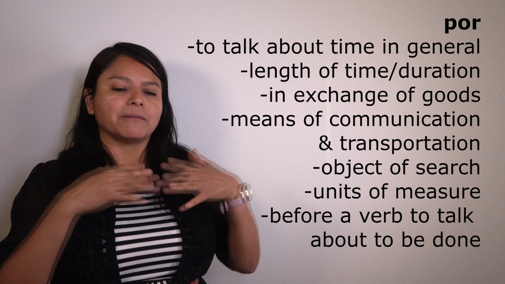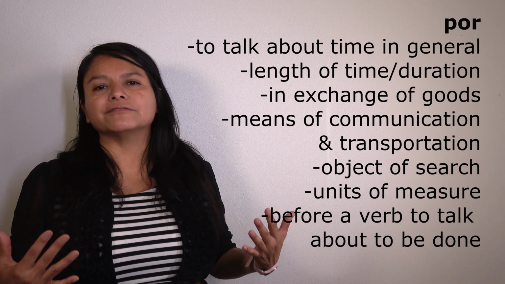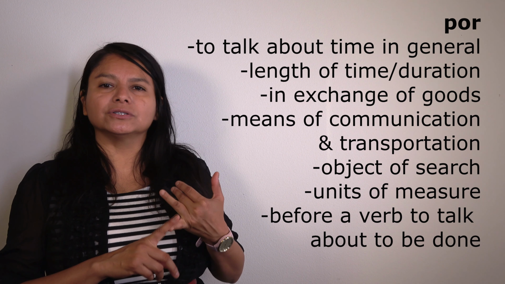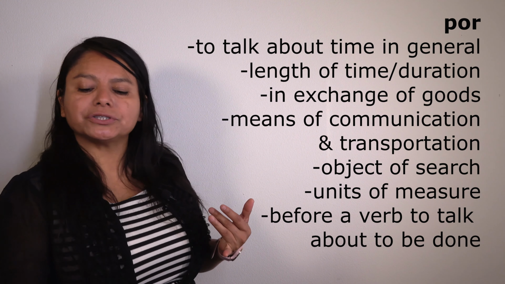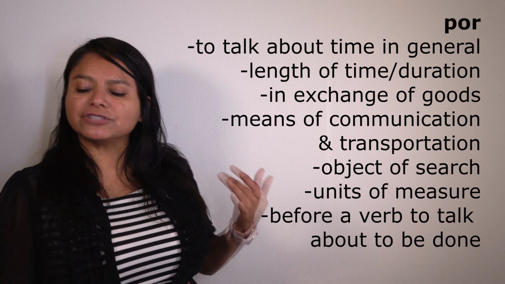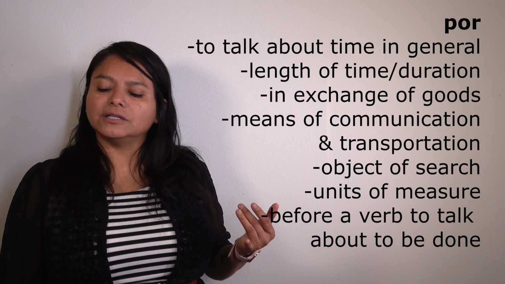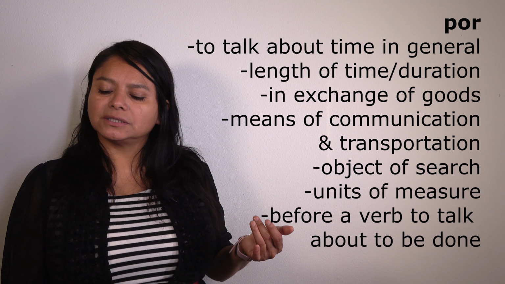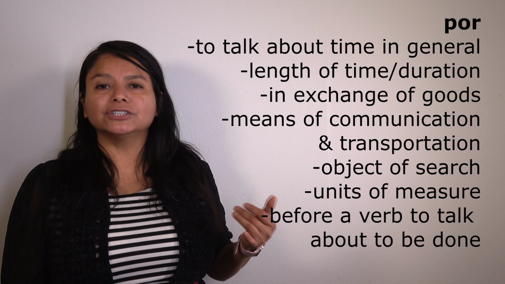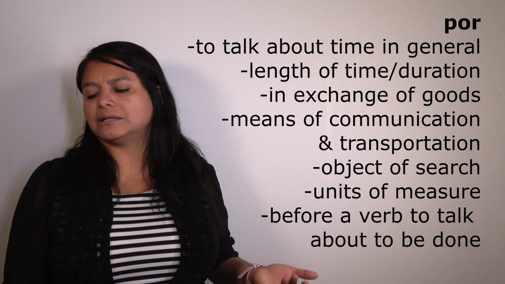Entonces recuerden, chicos, the por is used to talk about time in general, the length of time, in exchange of goods, means of communication and transportation, object of search, units of measure, and to talk about something that you're about to be done with.